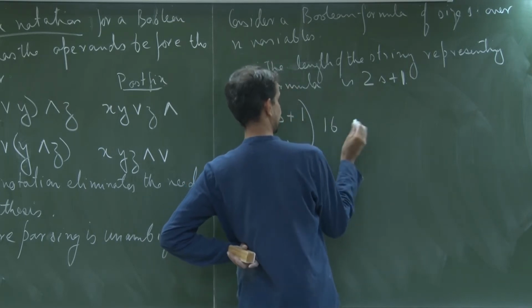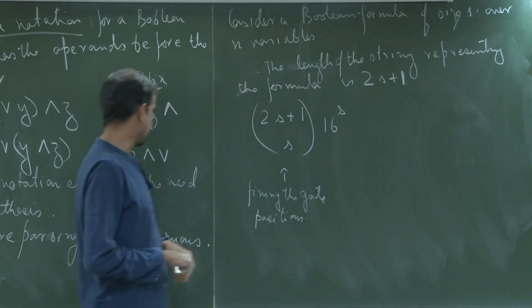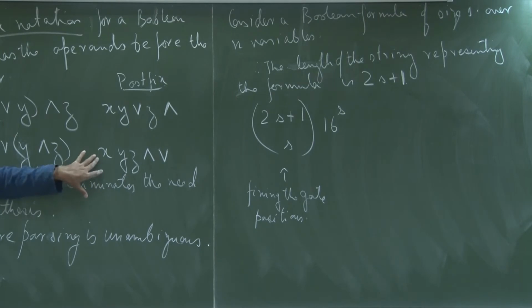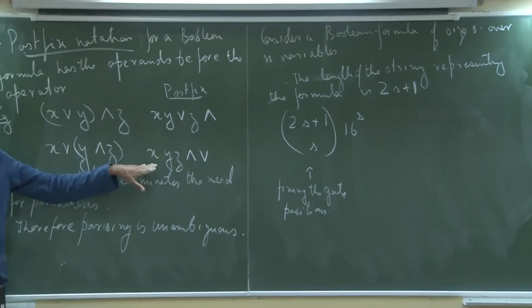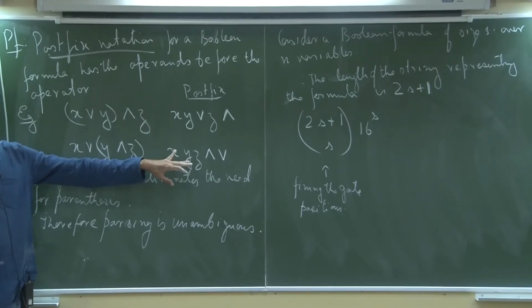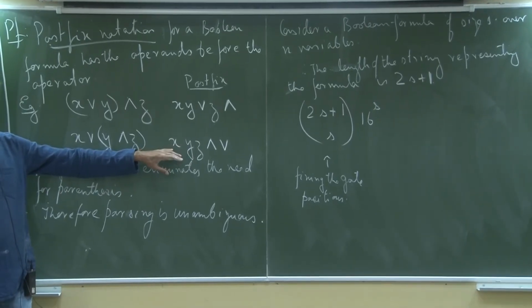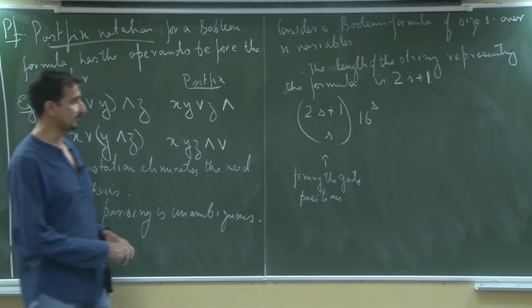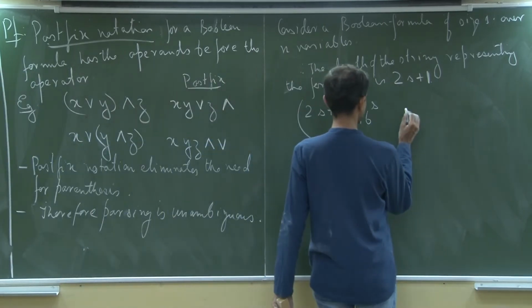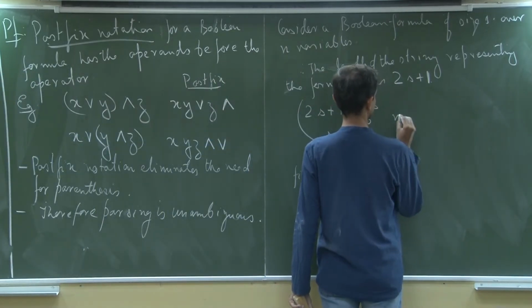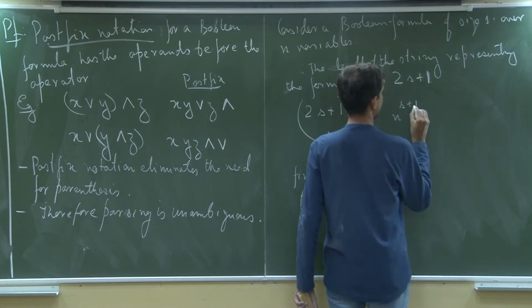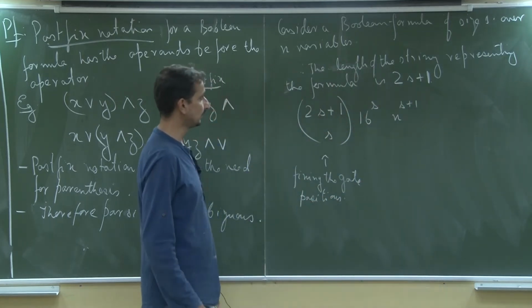So, it is 16 to the power s, and each variable can have how many possibilities? n possibilities. And how many such variable nodes are there? s plus 1 variable nodes. So, each of those s plus 1 variable nodes can have n possibilities. So, n to the power s plus 1. Okay.